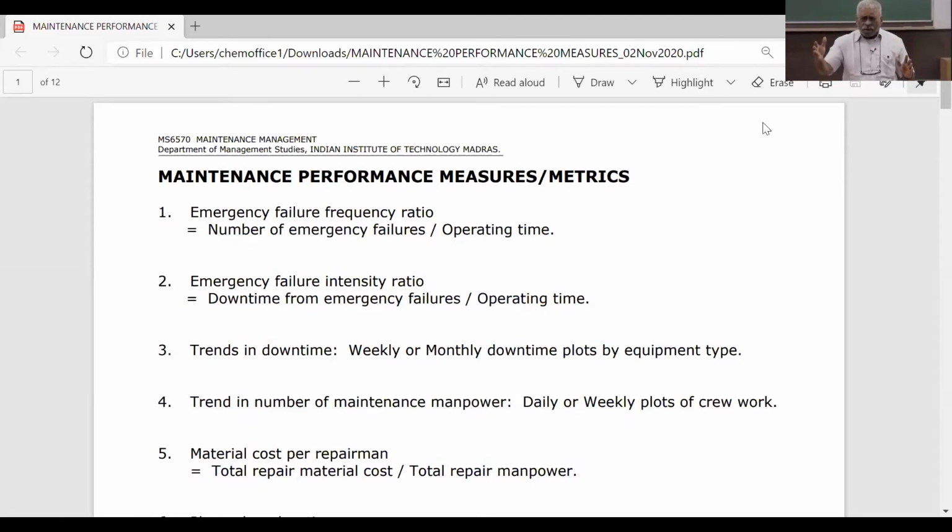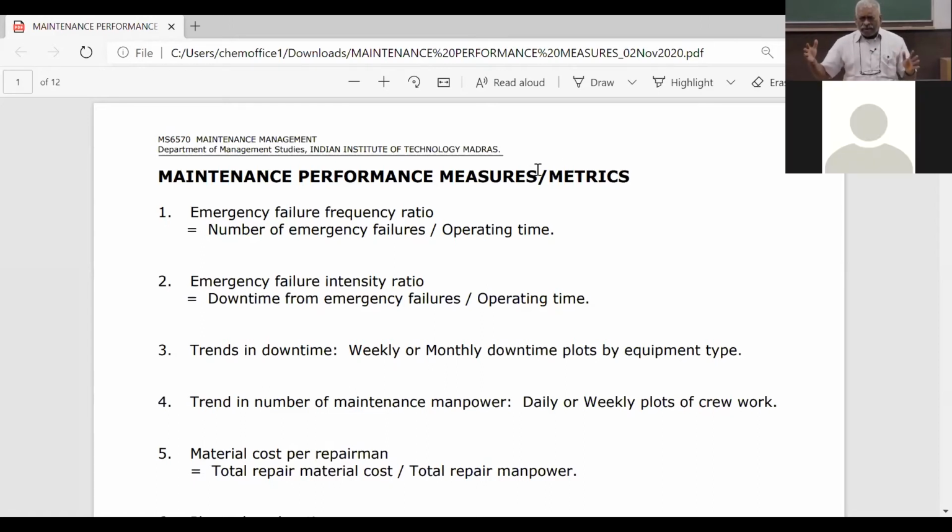Can you recall the components, please? Anyone? What were the components of downtime? I drew it on the board, if you recall. Remember, different times I have marked on the time scale. Just go back to your notes and identify those times.